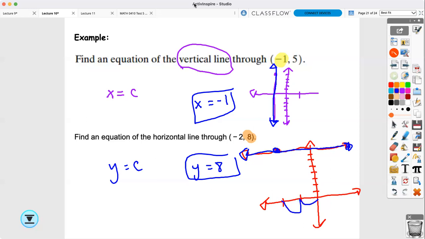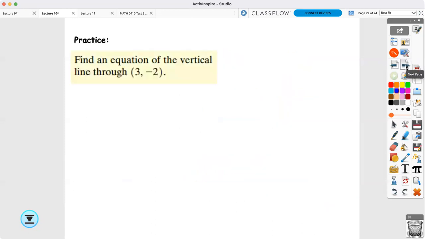We're almost done with the lecture, guys. So find an equation of the vertical line through this point. Go ahead, I'll give you about a minute on this one.